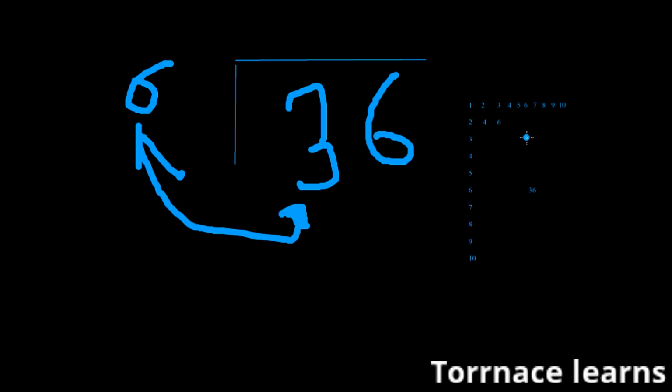So 6 times 6 equals 36. So we know 36 divided by 6 is gonna equal 6.